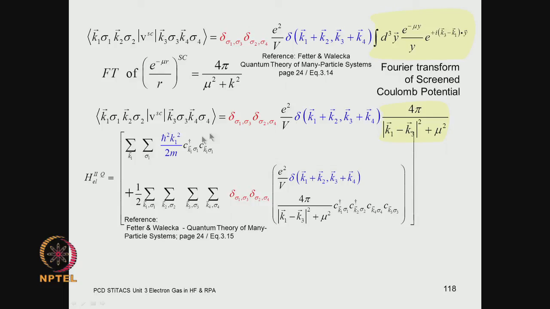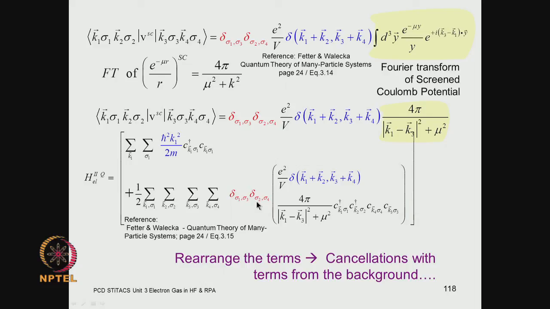And now we have the expression in second quantized form for the electronic Hamiltonian. Okay? Now this is the second quantized form of the electronic part of the Hamiltonian. You have these summations over various momenta, k1, k2, k3, k4 and so on, right?